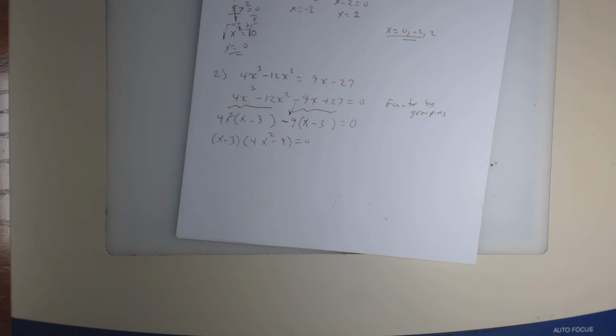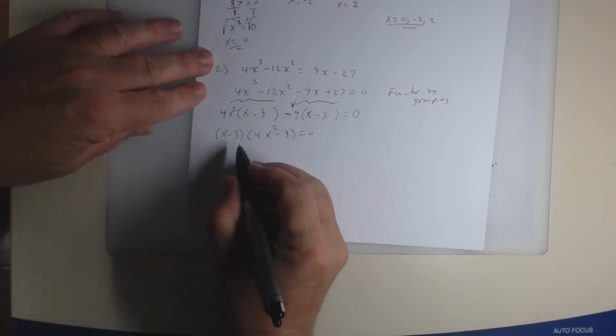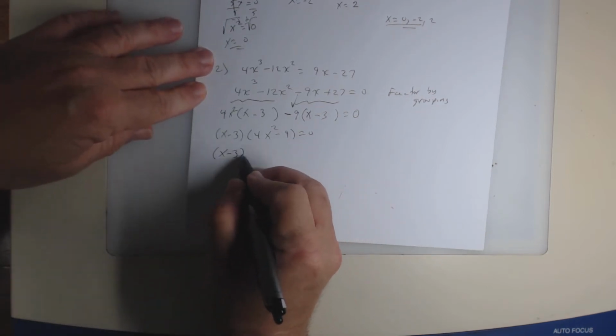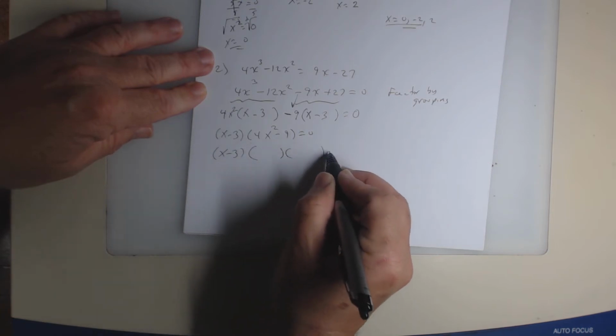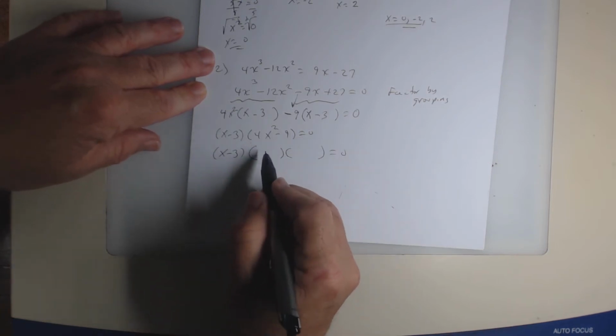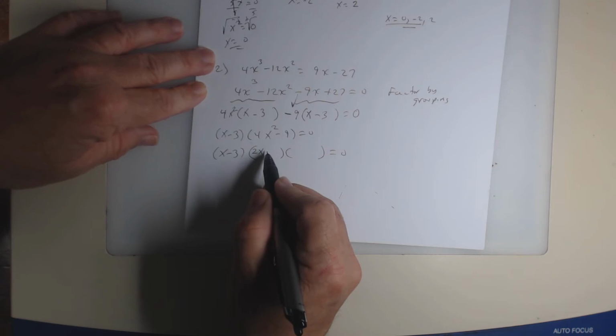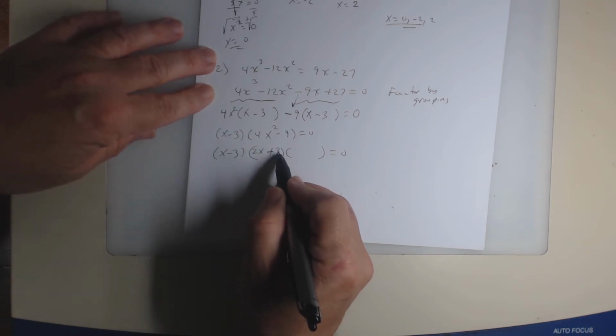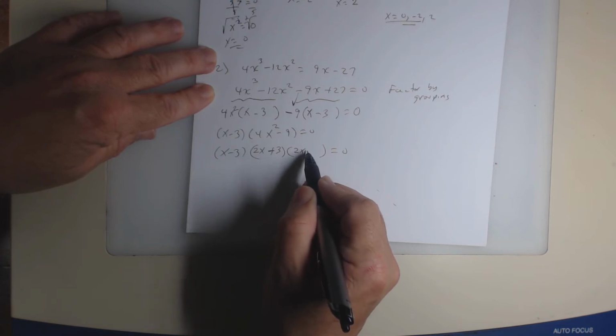Okay? Now remember, just like with the first one, you factor completely. What do you notice about 4x squared minus 9? Difference of 2 squares. So I can factor this right here as how? 2x plus 3 times 2x minus 3.